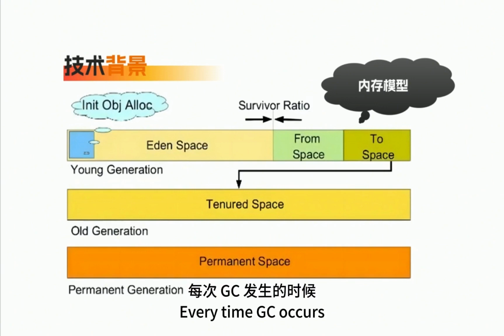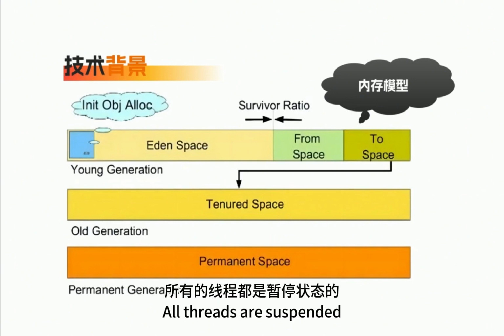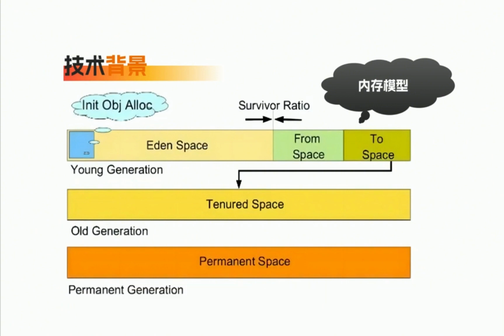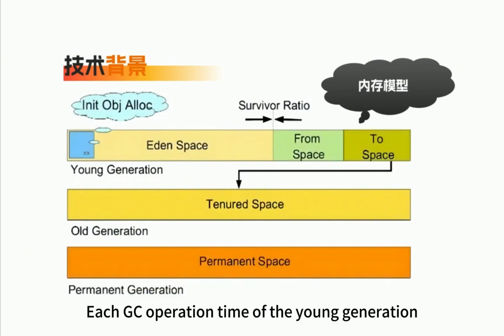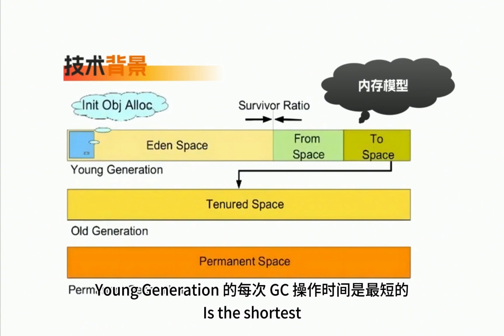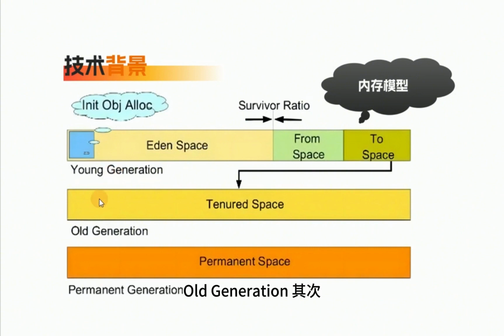Every time GC occurs, all threads are suspended. The time occupied by GC also depends on which generation it is. Each GC operation of the young generation takes the shortest time. Old generation second.